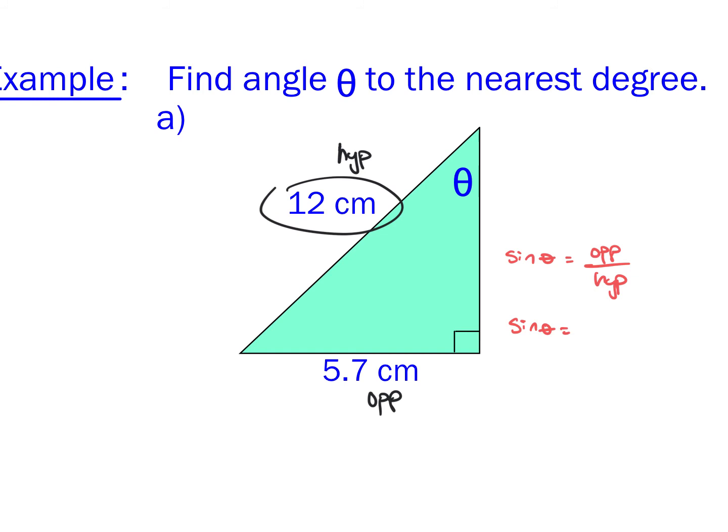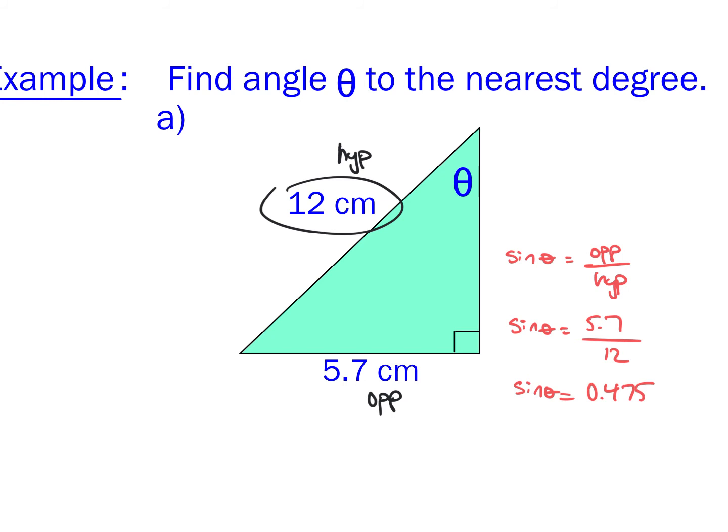So if you get something over 1, it means you put the opposite and the hypotenuse in the wrong spot. So just be aware of that. The opposite is 5.7. The hypotenuse is 12. What we need to do here is just a straight up division on our calculator. 5.7 divided by 12, and we actually get 0.475 bang on.